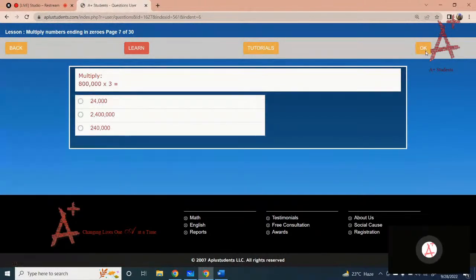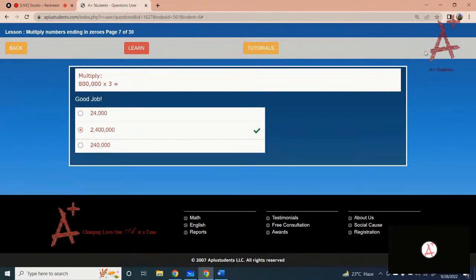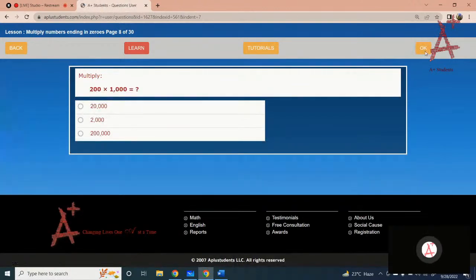Okay, now 800,000 times 3. So the digits we have are 8 times 3. 8 times 3 is 24, and write 5 zeros as it is. Got it? That's the correct option, 2,400,000. Okay, the next one is 200 times 1000.